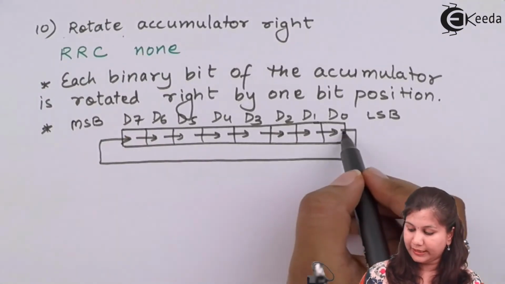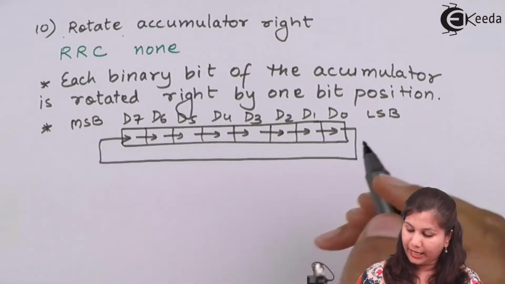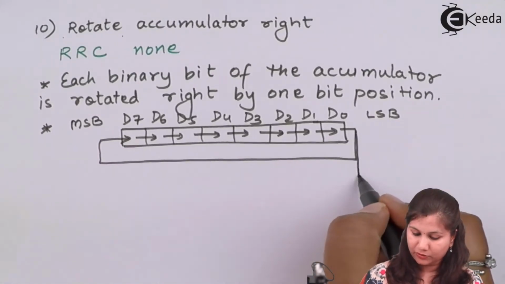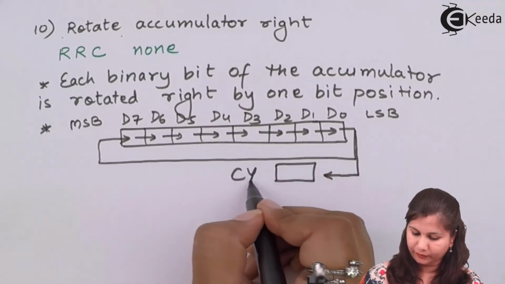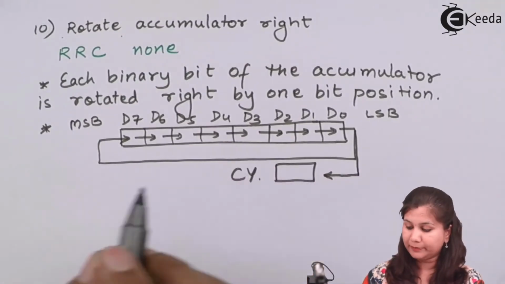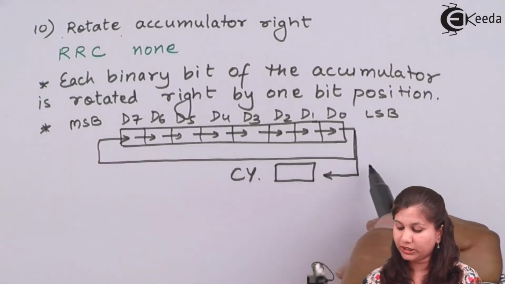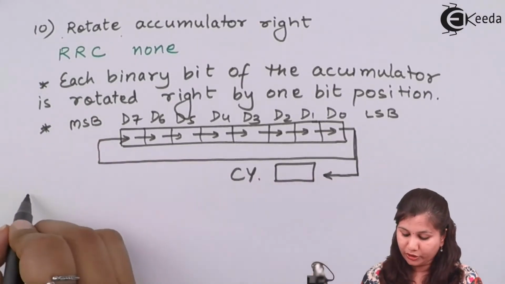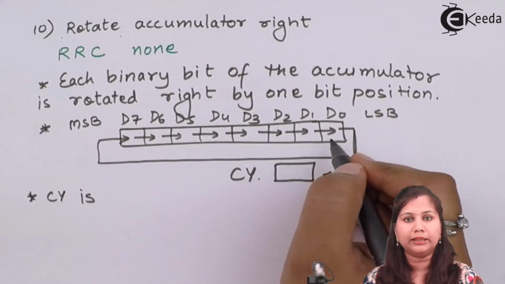So this LSB will now become the MSB. Okay, and also this bit is shifted to the carry flag. So this bit becomes the D7 bit, and it goes into the carry flag also. So here also the carry flag is modified according to the bit number D0.